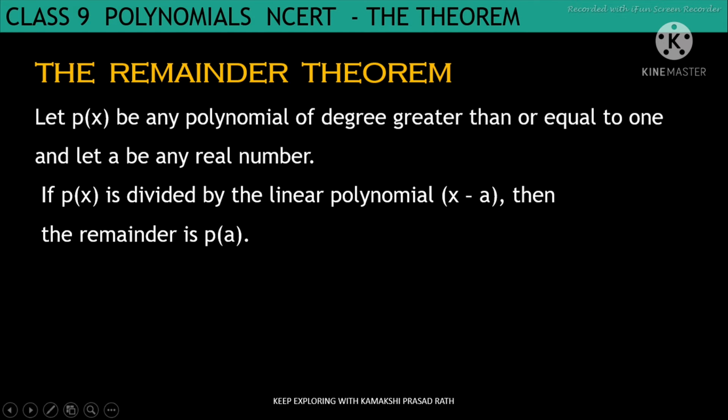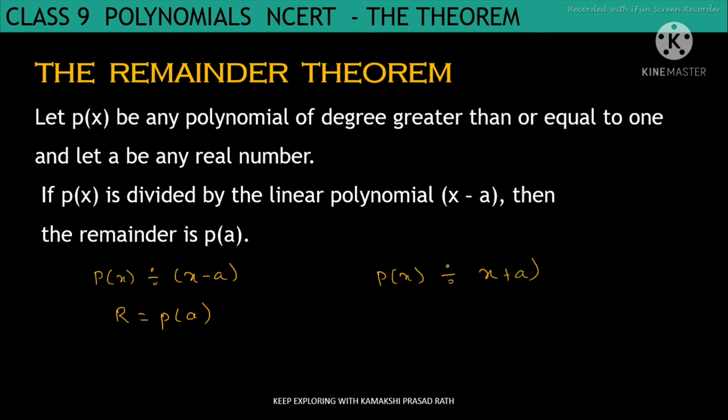Hence, just to remember, if p of x is divided by x minus a, remember x minus a, then the remainder is p of a. Or you can say if p of x is divided by x plus a, then the remainder will be p of minus a.